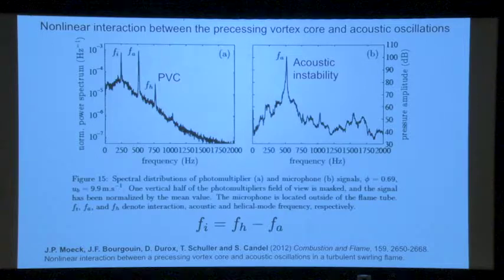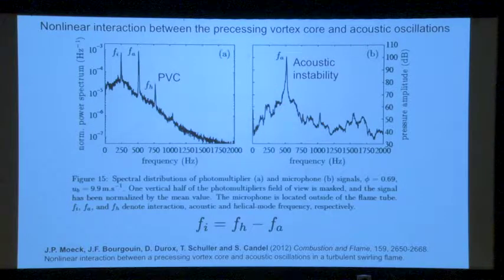You put the acoustic wave FA here, and suddenly you get a frequency coming out at the difference between the PVC and the acoustics. So it shows that the system is nonlinear, and you produce an acoustic frequency which is just the difference between these two.